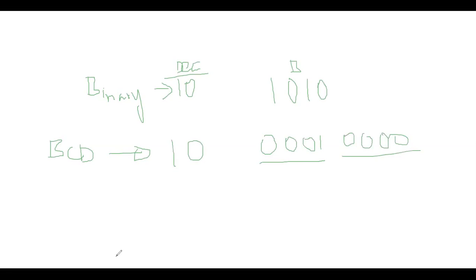That is the difference. If it is 11, 1011 is the binary equivalent of 11. But BCD of 11 is 0001 and 0001. You take each digit and write the binary in 4 bits. Alright. That is the difference between BCD and binary.